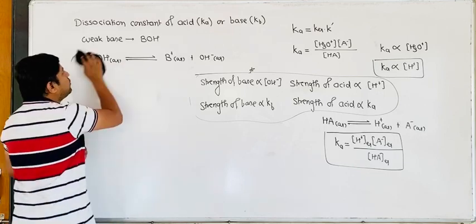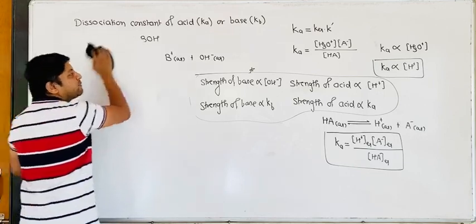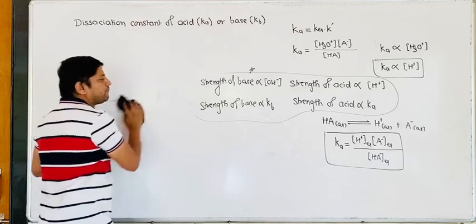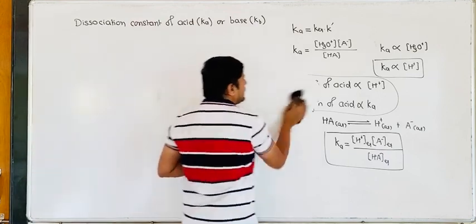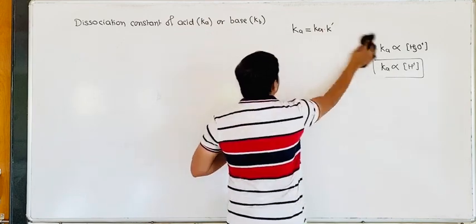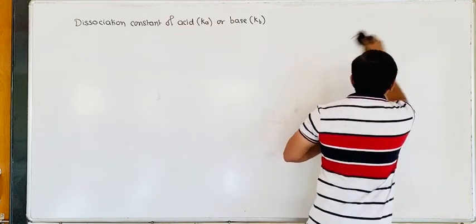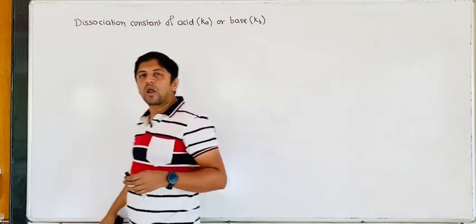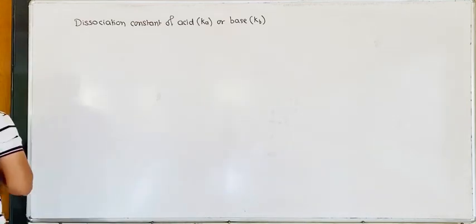Now similar to Kw, which can be expressed in terms of pKw, values of Ka and Kb are also expressed in terms of pK values.